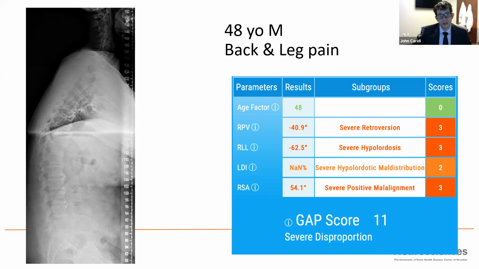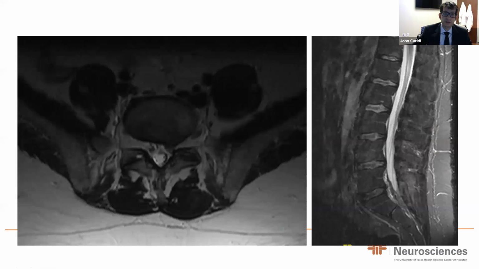But the key with this guy is this is not a fused spine. So this guy is doing this essentially to himself because he's only 48 years old. So when we looked at his MRI, he has this very small disc herniation, but we thought that might be enough that it's causing him to compensate this much, causing severe back spasms.